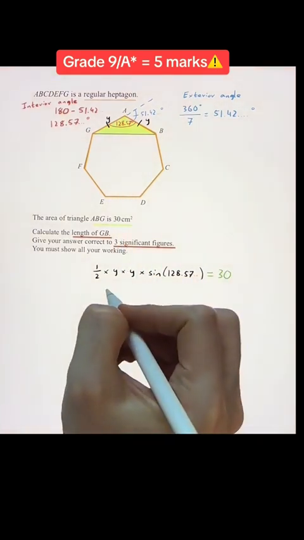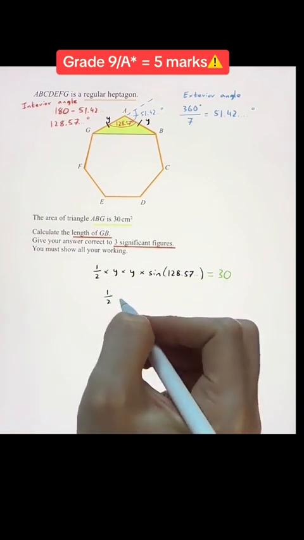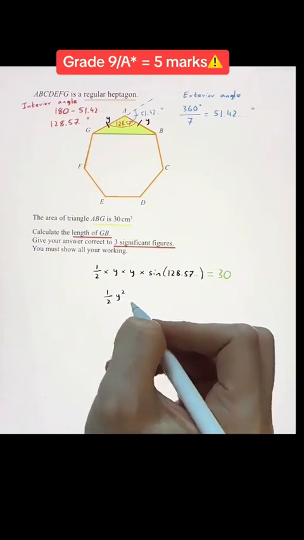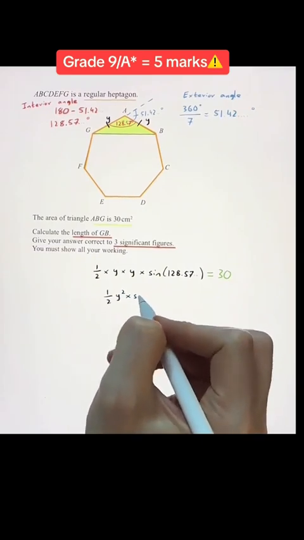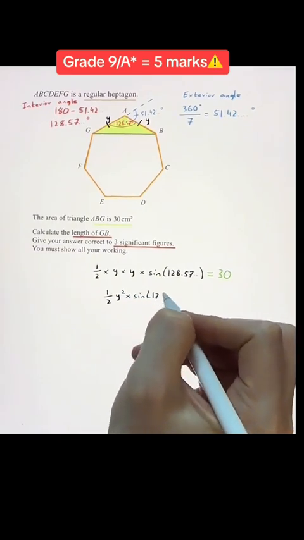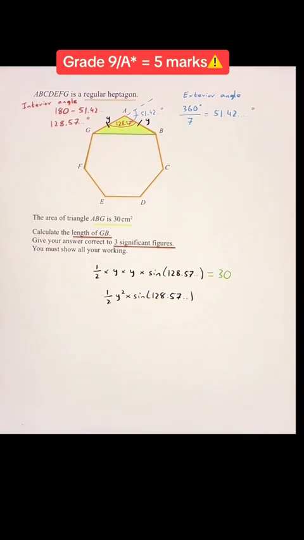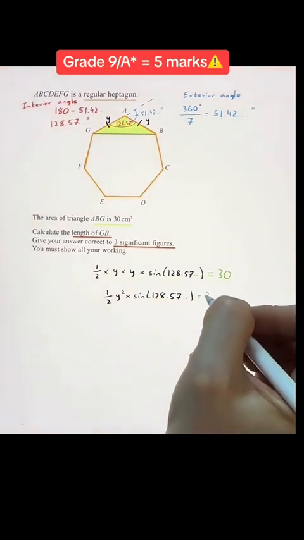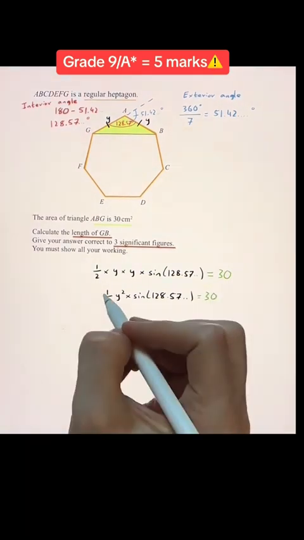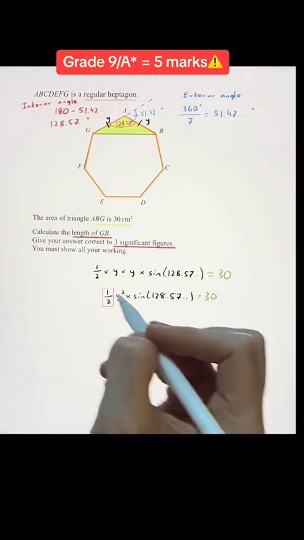Simplifying the left-hand side, I've got a half, multiply y times y, laws of indices give y squared, still multiplied by sine of 128.57, etc. And that equals the area of my triangle, which is 30. As I want to find the value of y, the opposite of multiply is to divide.